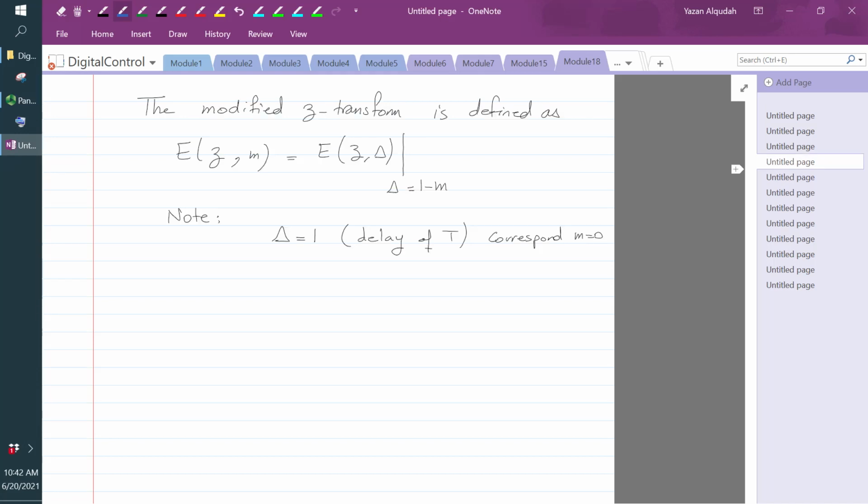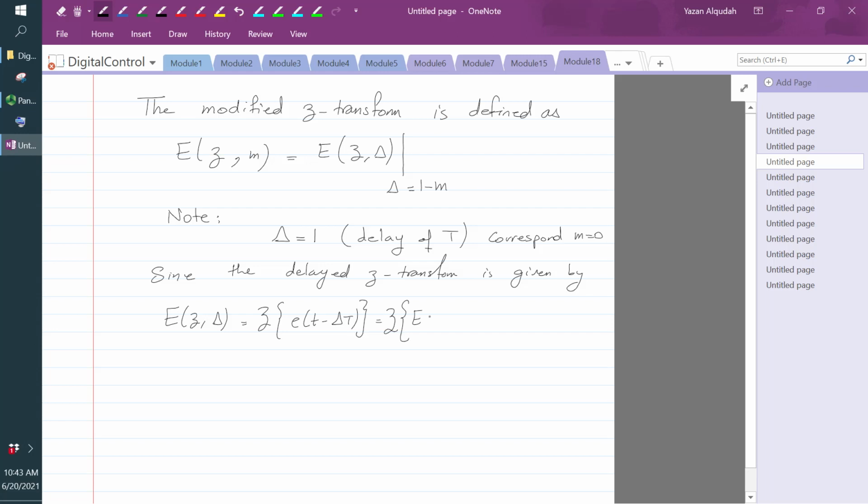So therefore, since we defined the delayed z transform is given by E of z comma delta equal to z of E of t minus delta multiplied by t, and this is gonna equal to z of, what is the Laplace transform of E of t minus delta t, is gonna equal to E of s multiplied by e to negative delta multiplied by t multiplied by s.